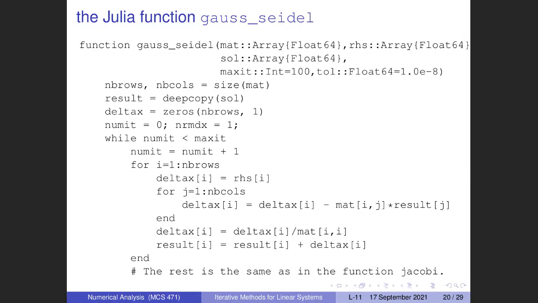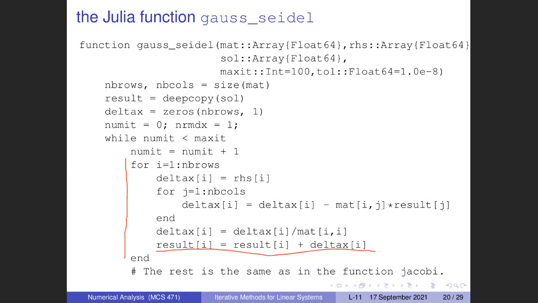What is changing now is that the delta x gets computed differently. The delta x here is computed always based on the latest results. So we have this update of the delta x, and here you see that we are already updating the results. What I indicated in the pseudocode algorithm, what was wrong there, is fixed here.